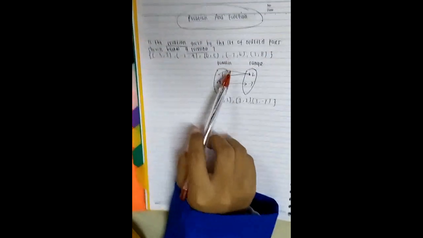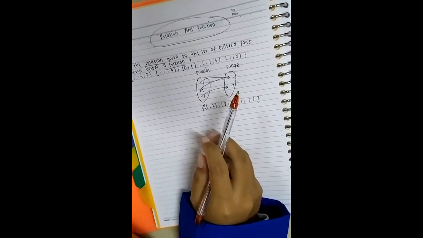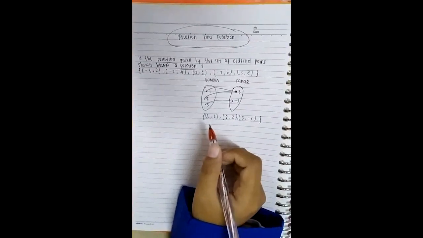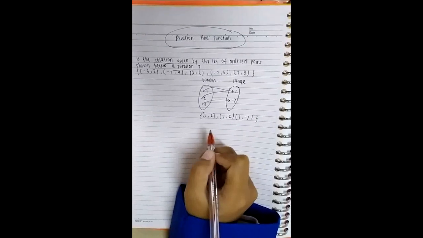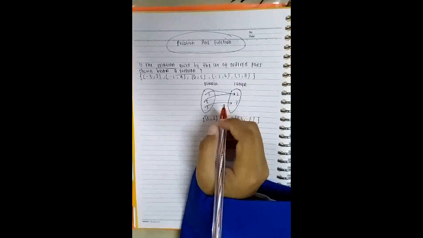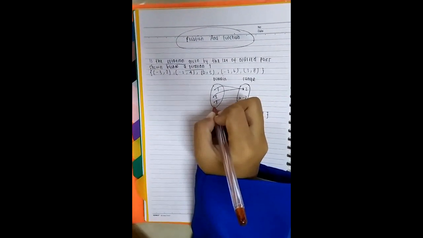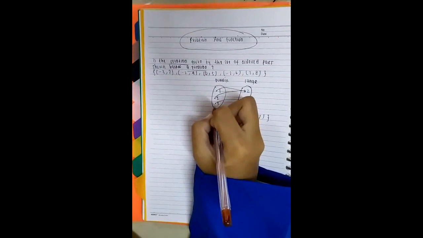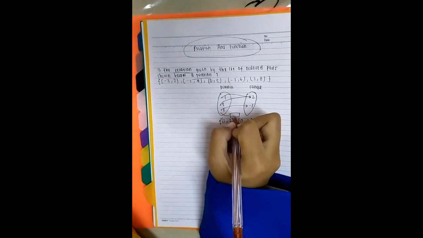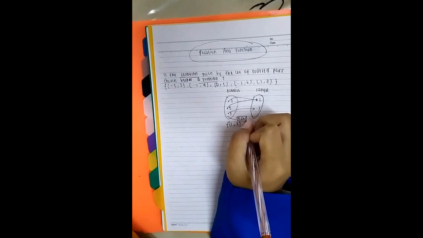A function is really just an association, a mapping between members of the domain and particular members of the range.